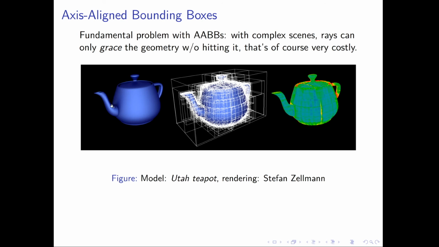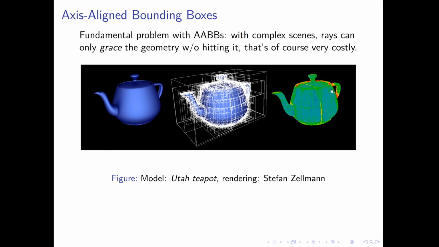You can see this nicely here on this slide. Here's this teapot mesh, which is a bit curvy, because the teapot itself is a bit rounded, and you can see that where the teapot is rounded, the BVH that I constructed from that is actually quite complex. This is a depiction of the costs of the BVH traversal. Blue and green are relatively cheap, and yellow, orange, and red are relatively expensive. And you can see that where the geometry is relatively complex and where rays potentially graze, the costs are highest.